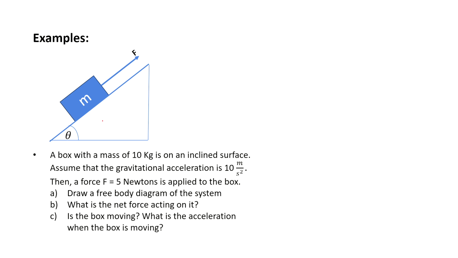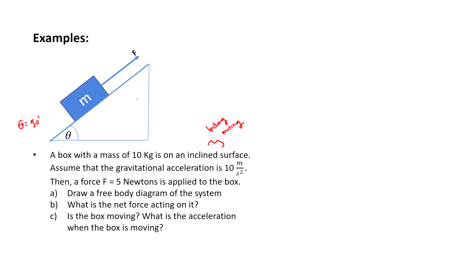This is an inclined surface, or in Bahasa, we are familiar with the term bidang miring. Actually, I haven't inserted the angle. Let's say that the angle is equal to 30 degrees.